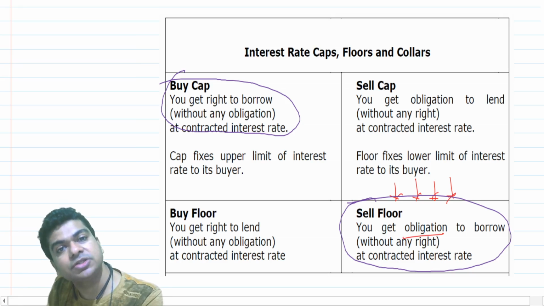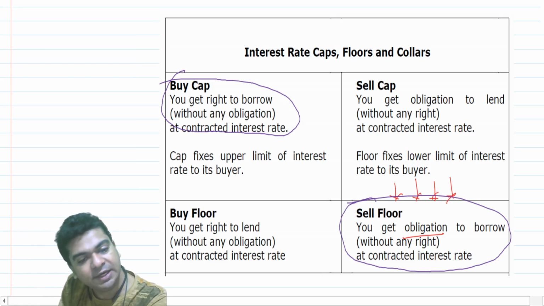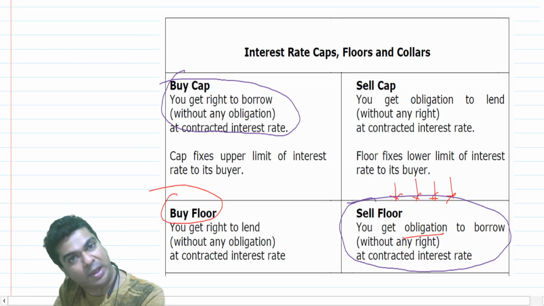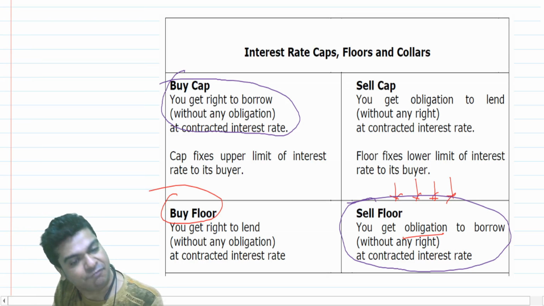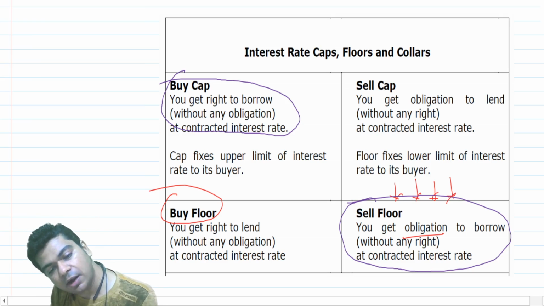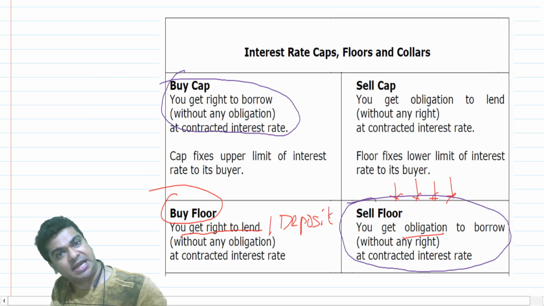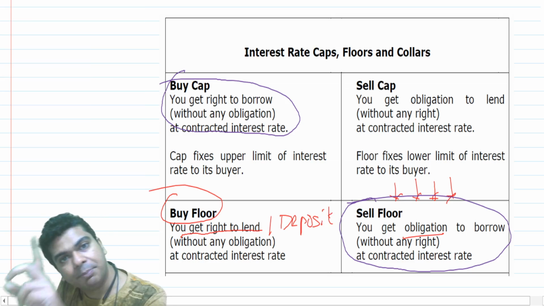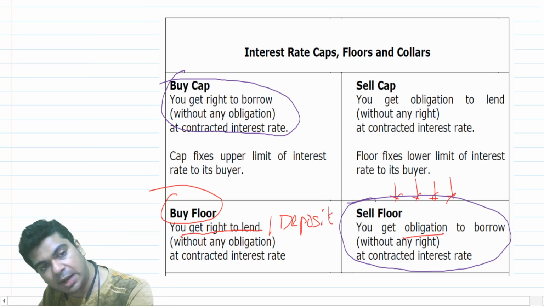People who have obligations don't take decisions. People who have rights will take the decision. So who will take the decision? The person who has purchased the floor from you. That person has a right to lend. If lend is difficult to understand, understand it as deposit. The person who has purchased a floor has a right to deposit money.